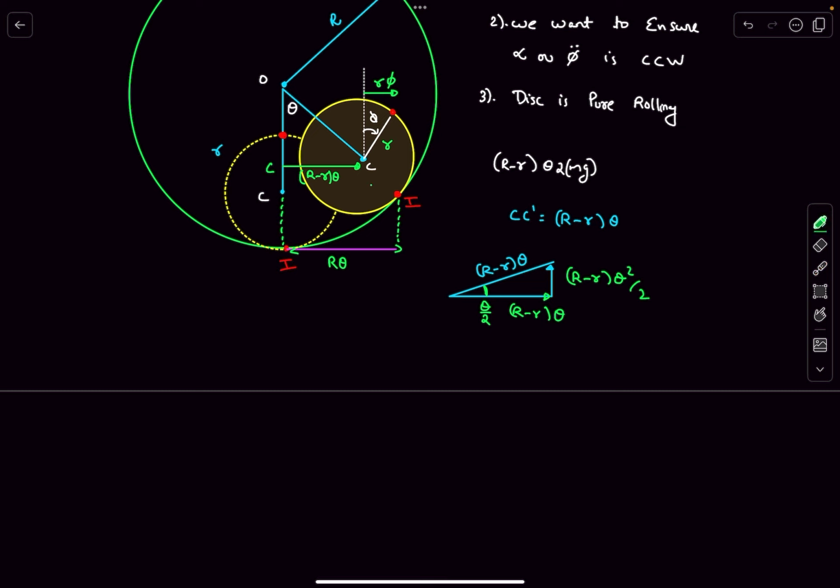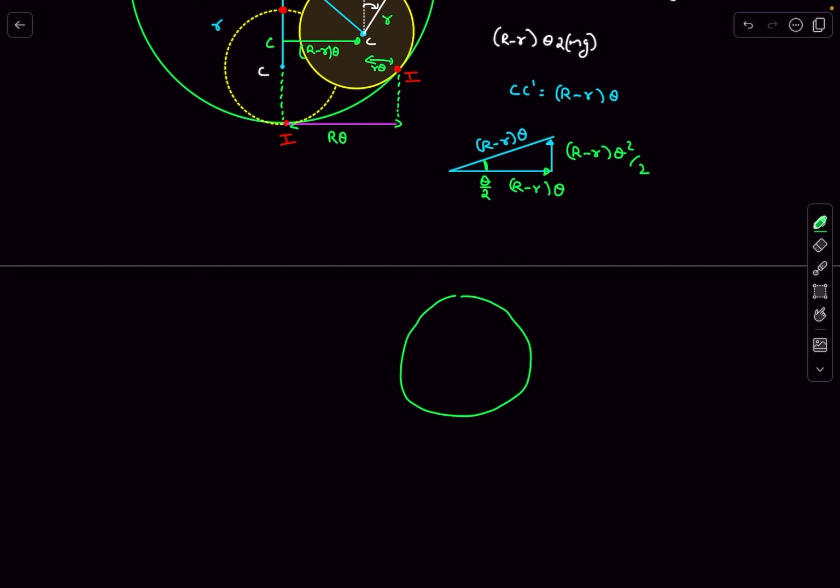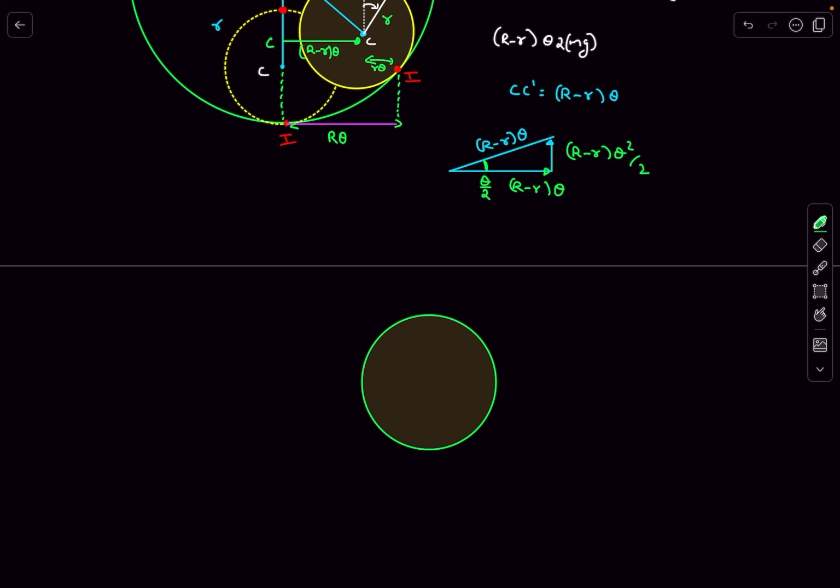So let's mark that as well. This distance is small r theta. Let me just redraw the diagram. If this is the instantaneous axis of rotation, and this is the center of mass of the disk, 2mg passes through this point. So the horizontal distance between I and the center of mass is small r theta.